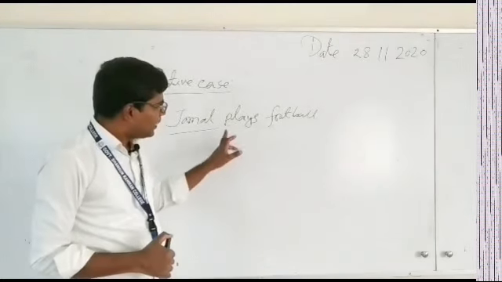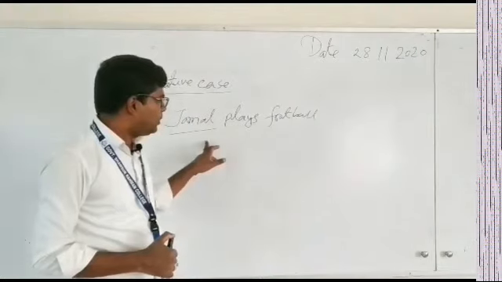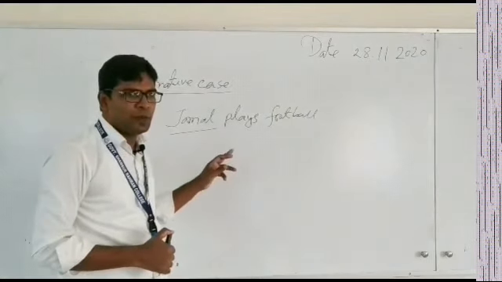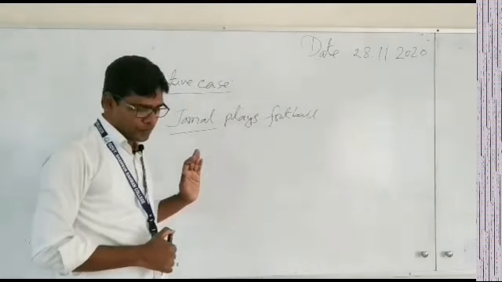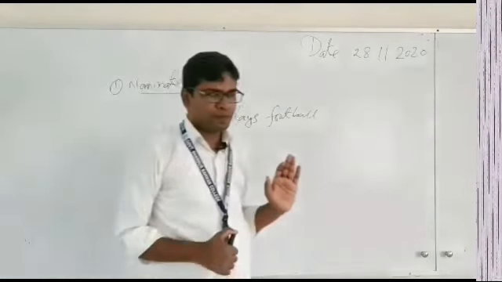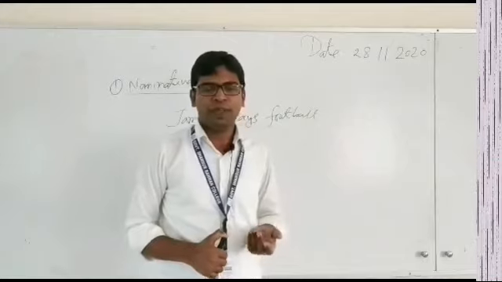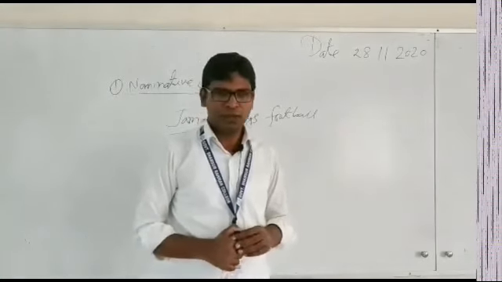Again, I want to make it clear to you. In this case, who plays football? Jamal plays football. So, Jamal is nominative case here. Students, I think nominative case is clear to you.